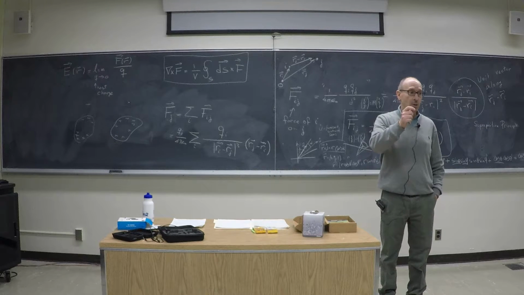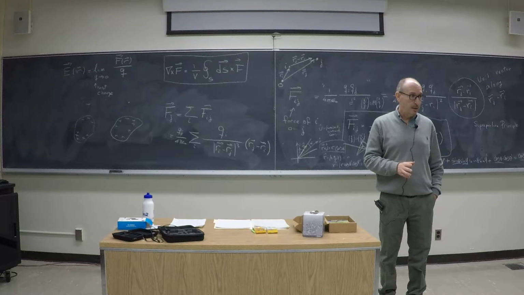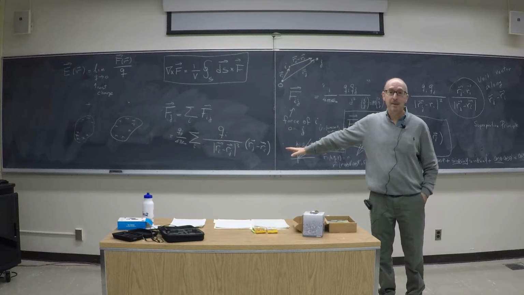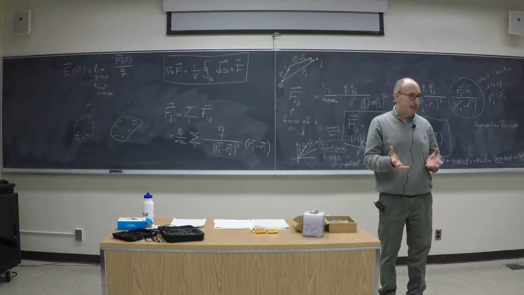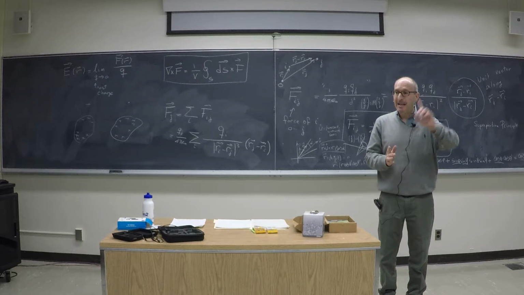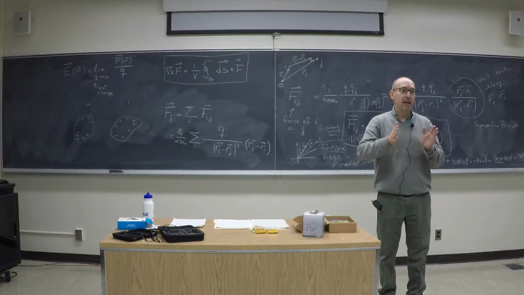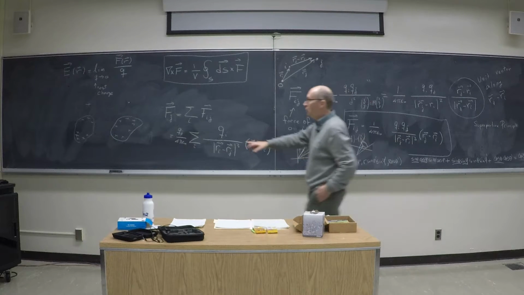It is the location where we probe our force or our field. Is that clear? So that formula is telling us that we have many i particles and one single j particle, and that j particle I'm going to use as a probe. So it has to be a small Q_j.